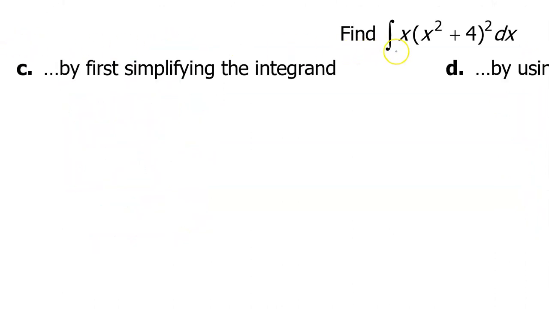Now let's solve this integral in two ways. First, by simplifying the integrand. So I'm going to rewrite this a little bit. So I have x times the quantity x squared plus 4, squared, which would be x squared plus 4 times x squared plus 4.